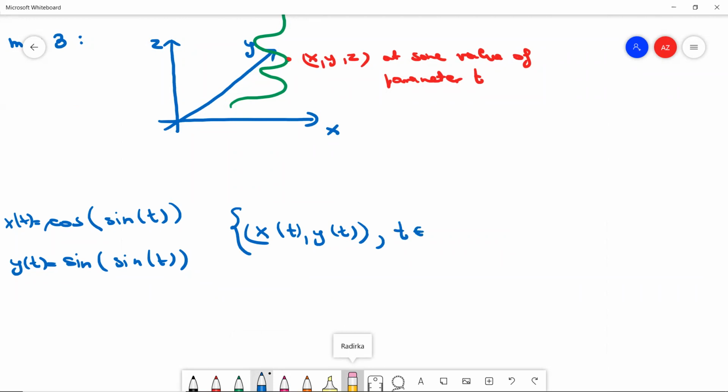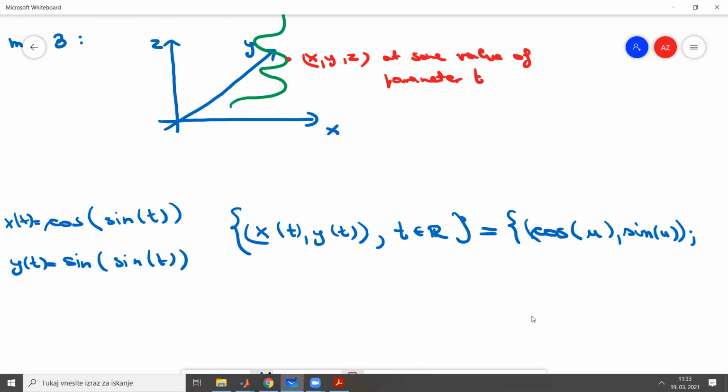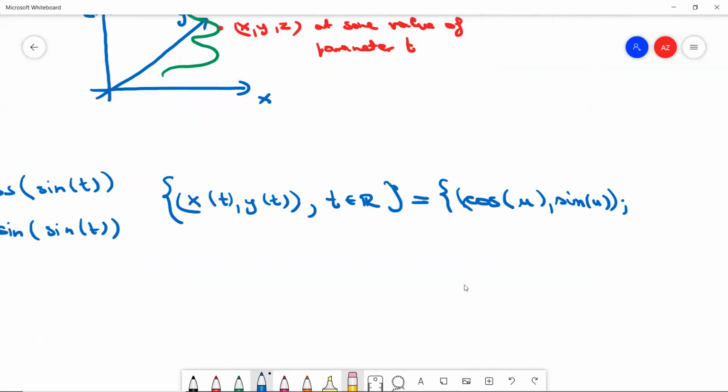This is the set of the points when t runs over all possible real numbers. When t runs over real numbers, this runs over cosine of u and sine of u, where u is between -1 and 1.